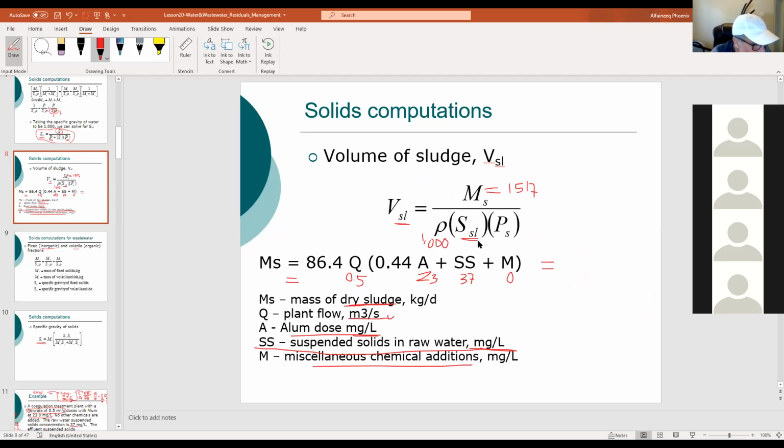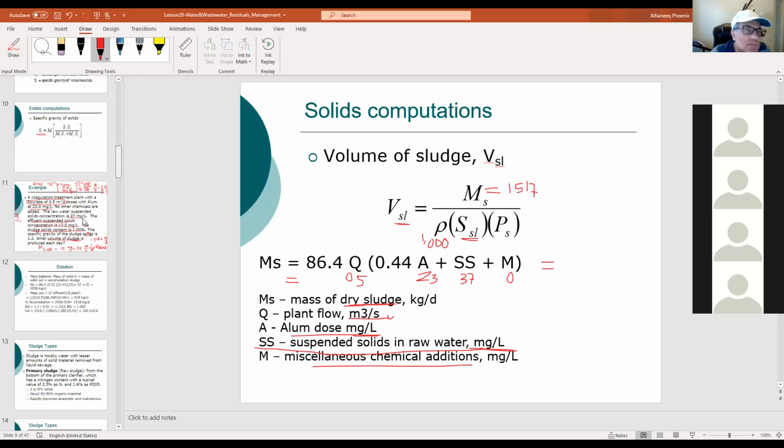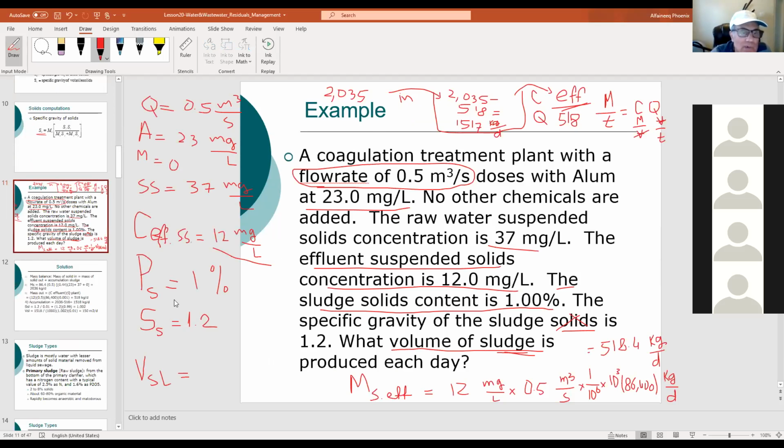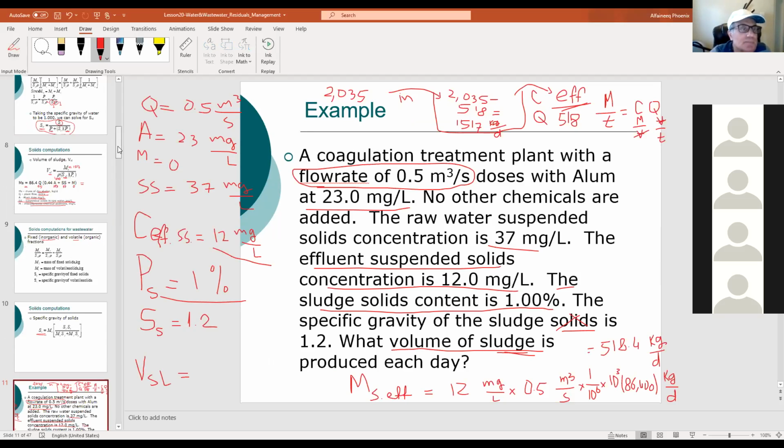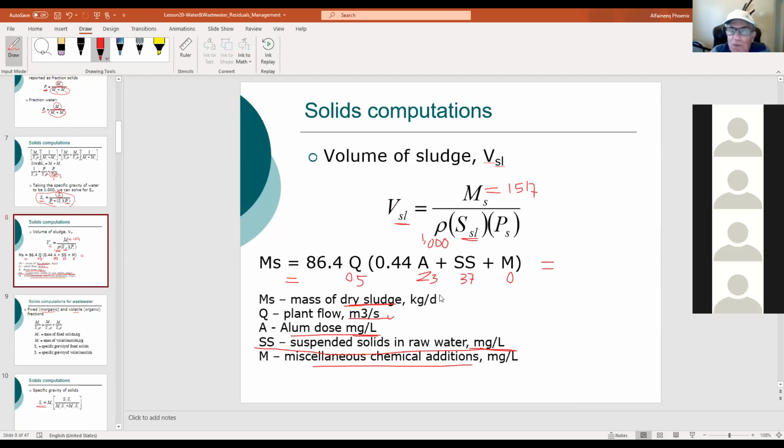All right. Now, this is what? This is the percent solids. Do we have that number? Yeah, given in the question. I think it's 1%, right? That's 1%. Thank you. Here it is, percent. So let's take that there. So this is 1%, which is 0.01. All right.